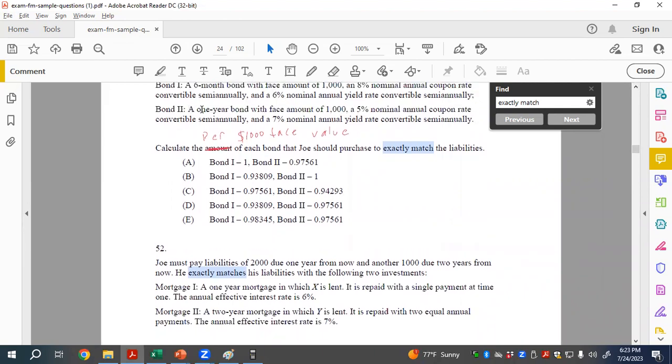Bond 2 is a 1-year bond with semi-annual coupons. Again, unless otherwise stated, coupons are semi-annual. This is not otherwise stated. So we have 2 coupons, one at 6 months, one at year 1.